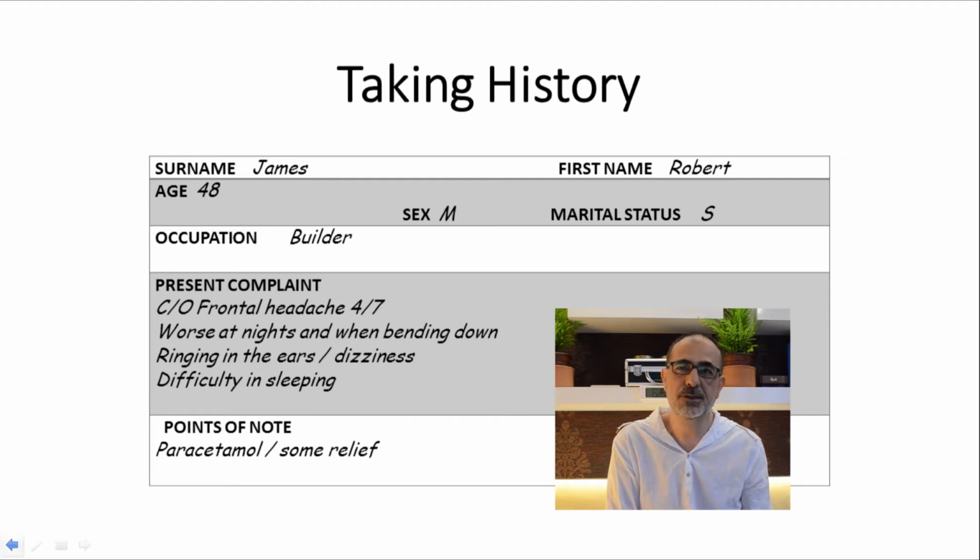Okay, look at the symptoms now. We have three major symptoms. It says worse at nights when bending down. What about the actual sentence? Whenever I bend down or at nights, it gets worse. The second symptom says ringing in the ears and dizziness.